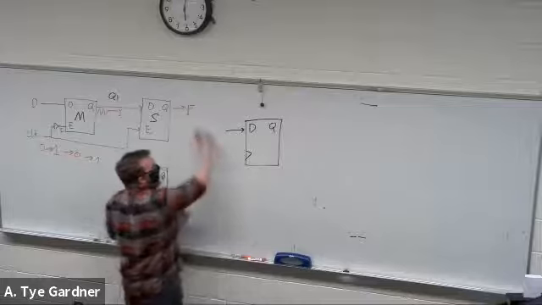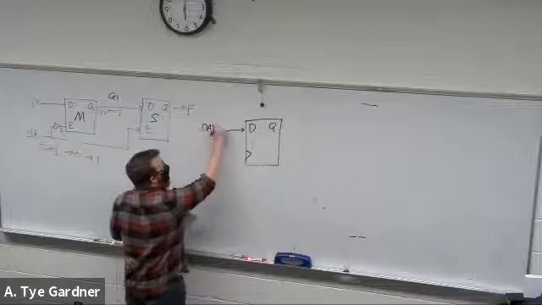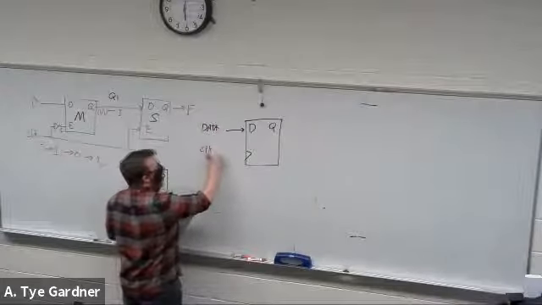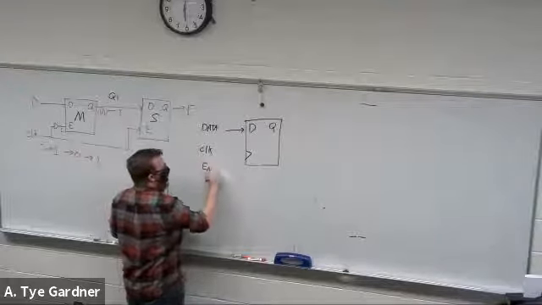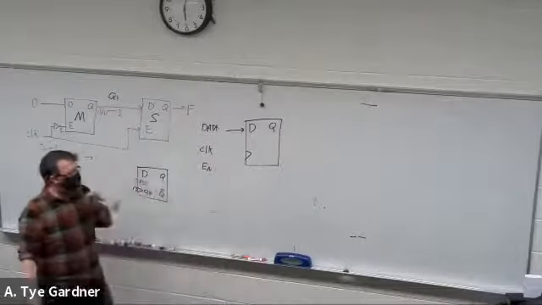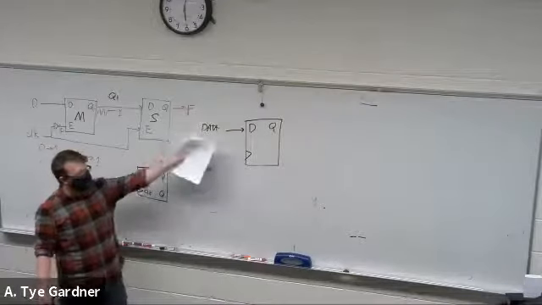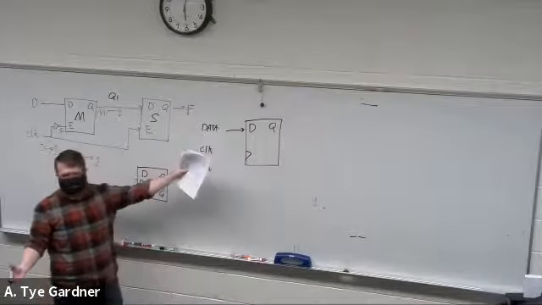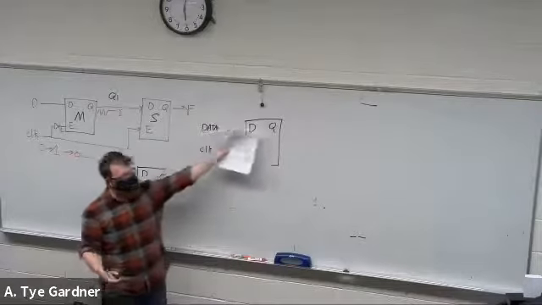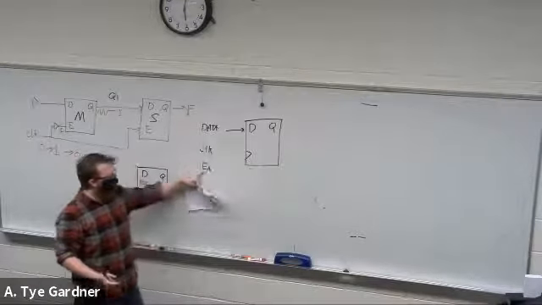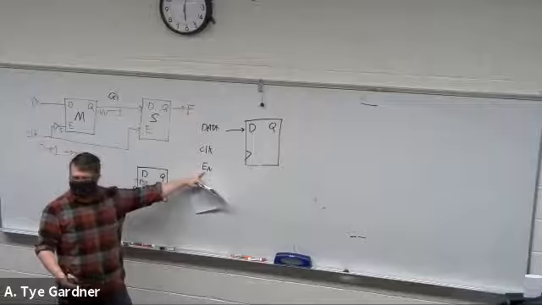So we're going to have data, clock, and enable. This is the terminology you're going to hear me use all the time: clock data onto Q if enable is true.